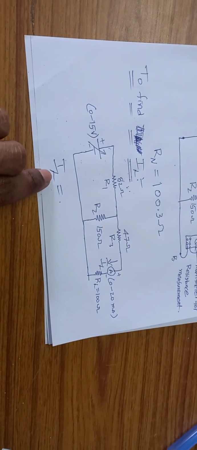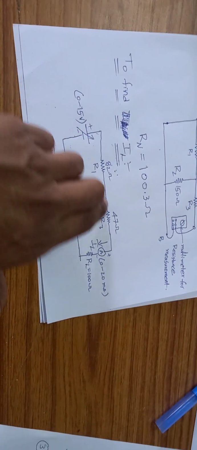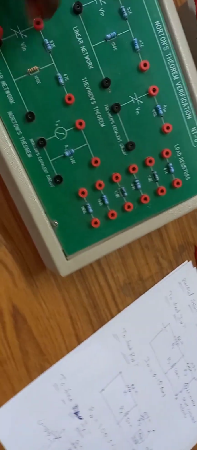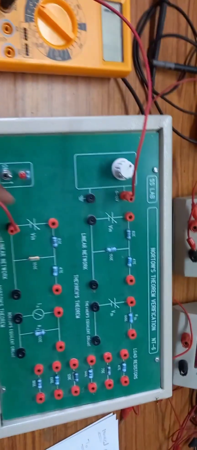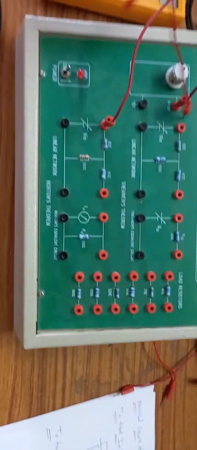Okay, then we need to measure load current. For this load current measurement we need to connect the circuit like this. So according to the circuit diagram, first we need to connect the power supply, first terminal for the first one, and second terminal for the second one.